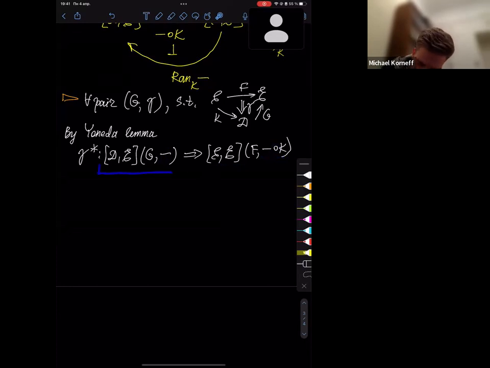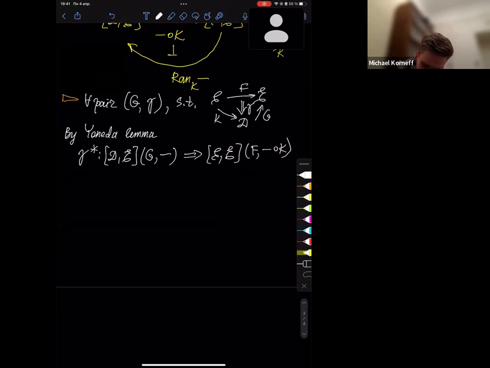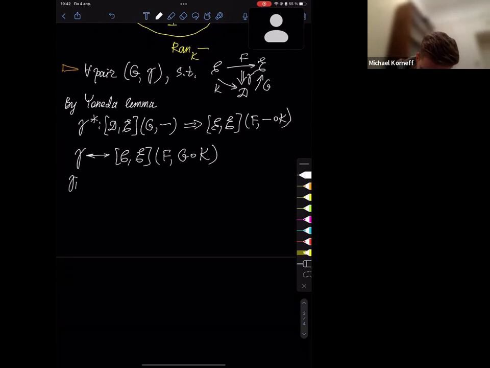Okay, and we have identification of this natural transformation, and the set of natural transformations gamma, which is a natural transformation between functors F and G composed with K. Okay, and we can define gamma star like this.